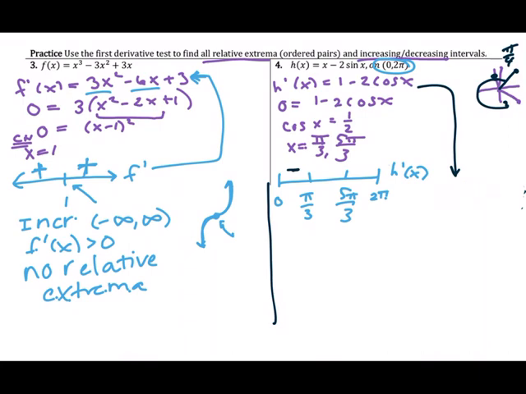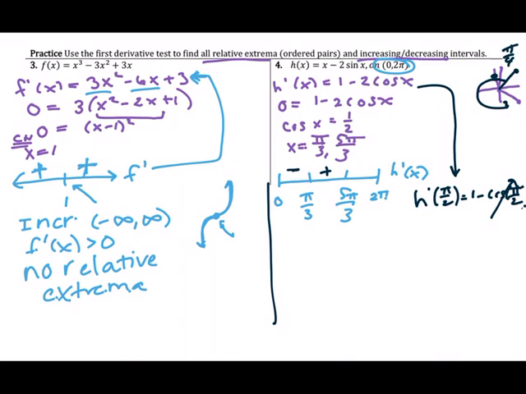H prime of pi over 2. Here we go. So cosine of pi over 2 is 0. 1 minus nothing is going to be 1, which is positive.